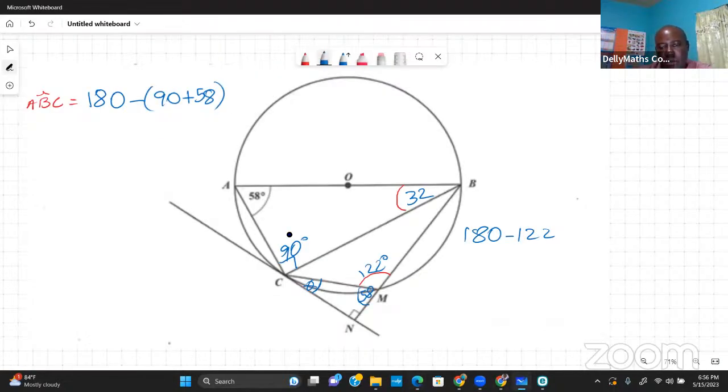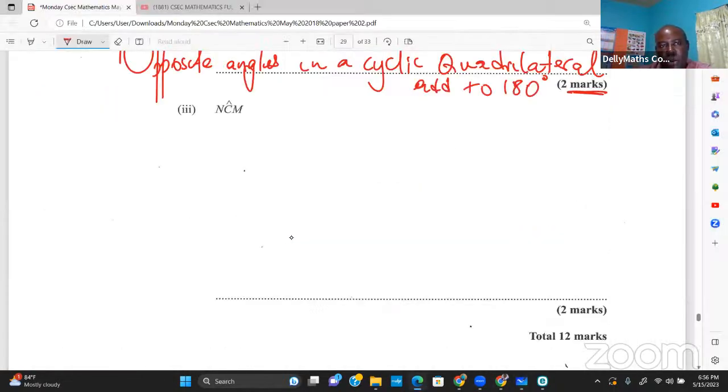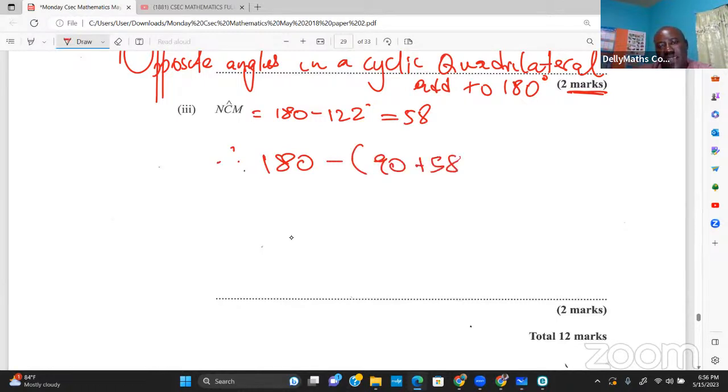So it's gonna be, hold on. We're gonna have to say, all right, first move, I took out the 58. No, I took out the 122. And I'm left with 58 for that. Now I'm gonna say 180 minus the sum of that 90 plus that 58.